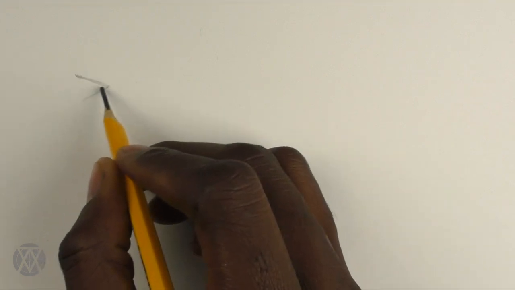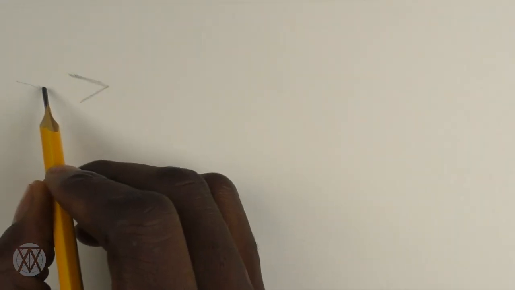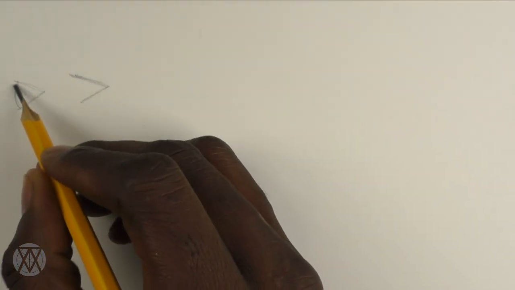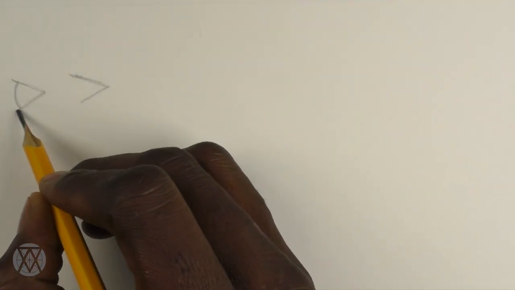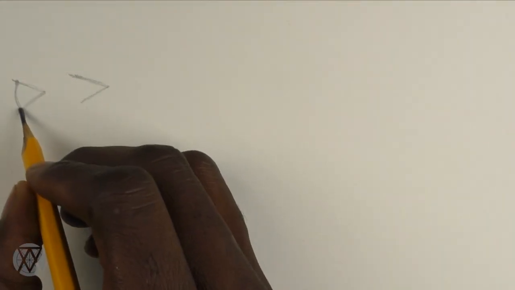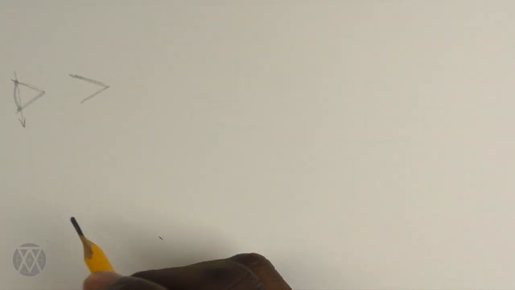First thing when drawing the eye, you can draw 2 lines like that. It's a V. Now in profile view, the eye is not like this, where the top and the bottom are directly aligned vertically like that.